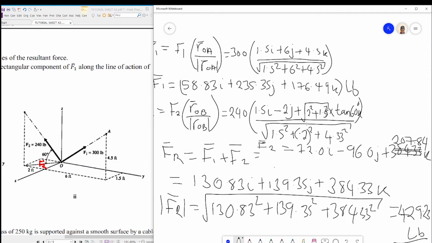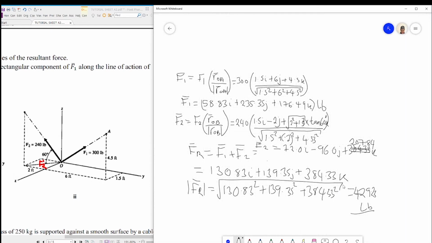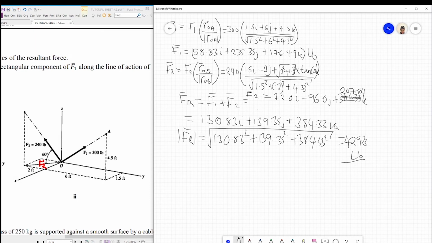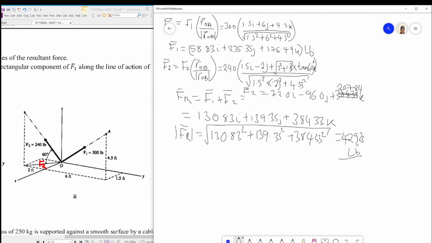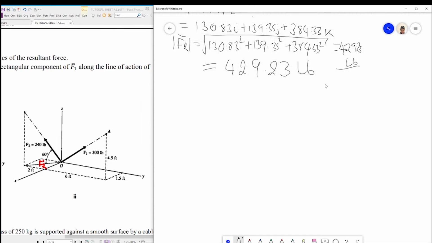So this is the magnitude here. Let me write it properly: 429.23 pounds.